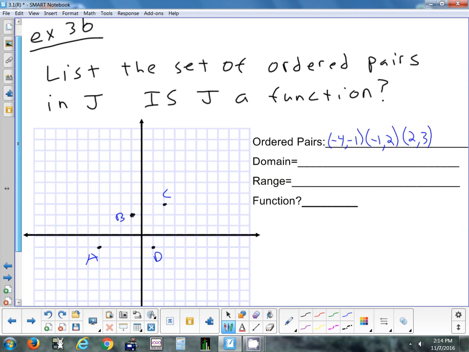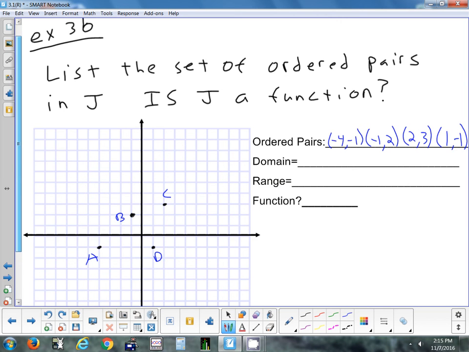Well, starting at the origin, which way do you have to go to get to point D? So we go right 1 and then down 1. So that's right 1, it's a +1. And how about down 1? -1. Okay, so we've got our ordered pairs.